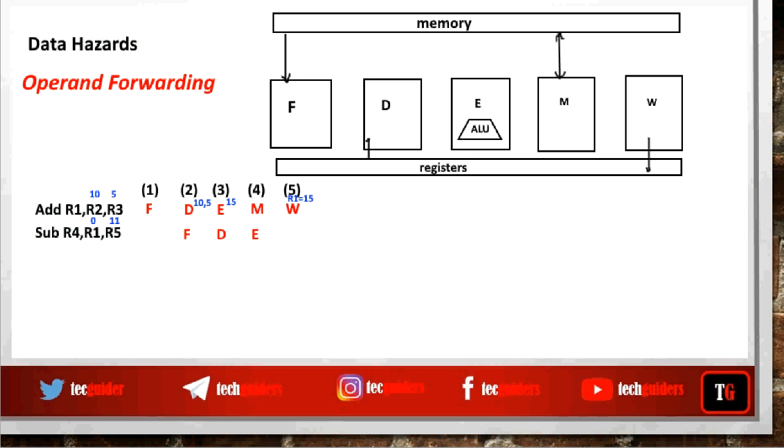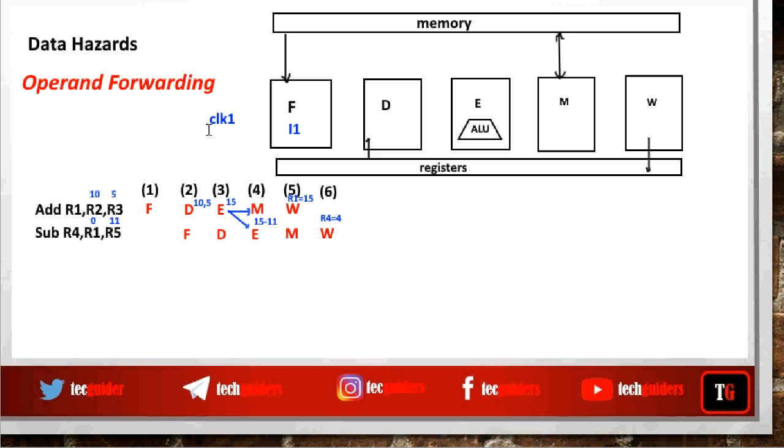So in the next clock cycle, when instruction I1 moves to the memory stage along with this data, at the same time, if this data can also be forwarded to the input of the execution unit, then I2, which is in the execution unit in the fourth clock cycle, can make use of this data for its computation and be executed without causing a data hazard, producing the next instruction out in the next clock cycle itself.